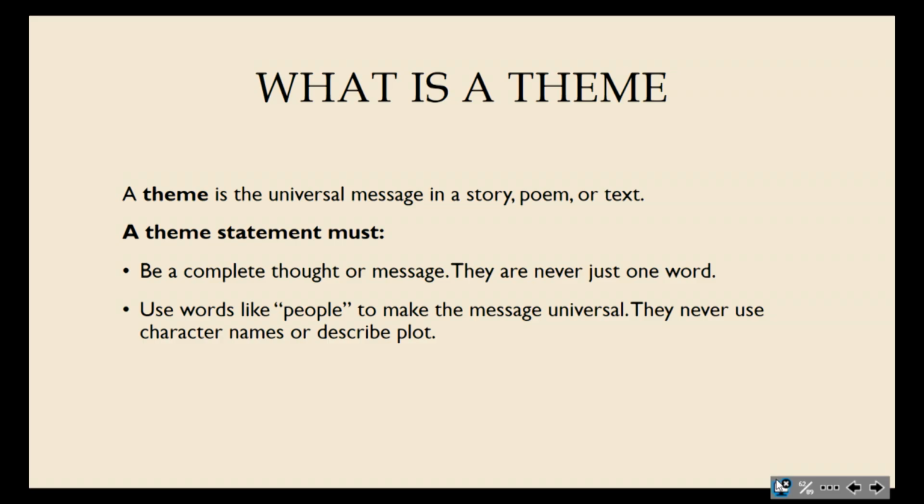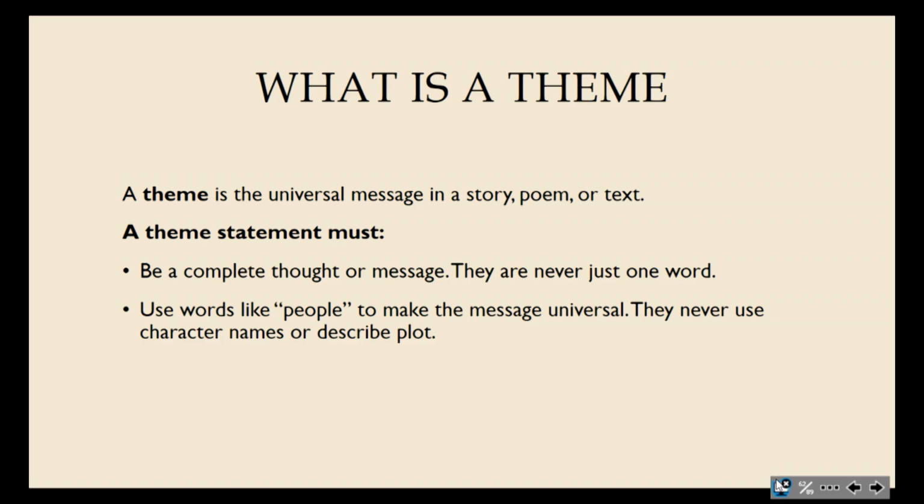The theme must be a complete thought or message. It's never just one word. So when you're writing a theme statement, you would use words like people to make the message more universal. Never use character names or describe the plot, because that's not going to be a universal idea.